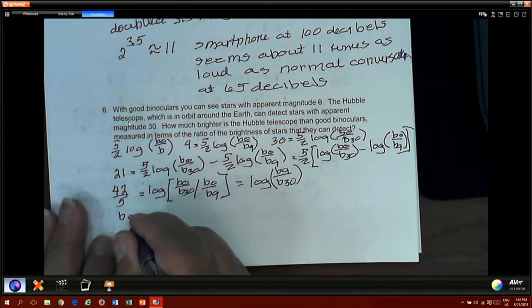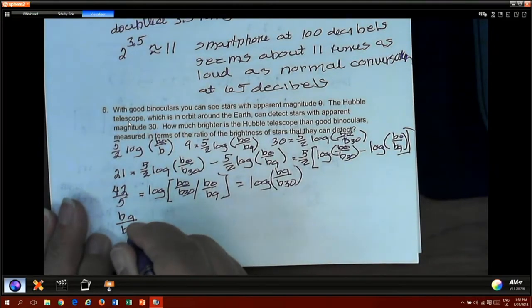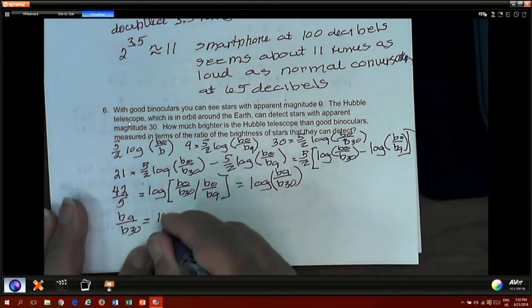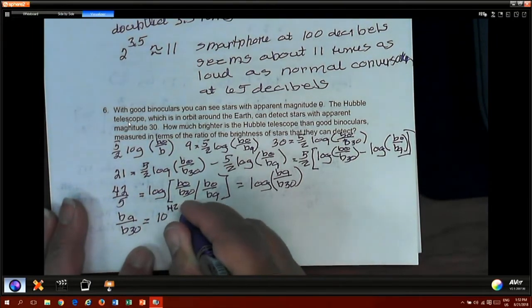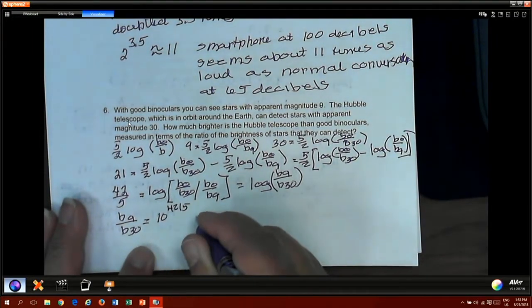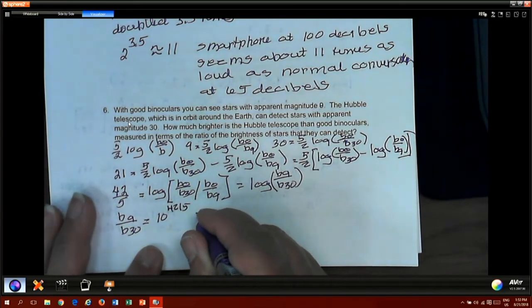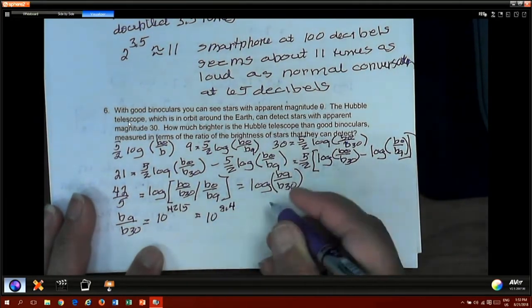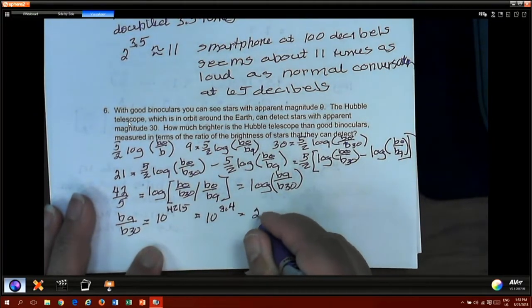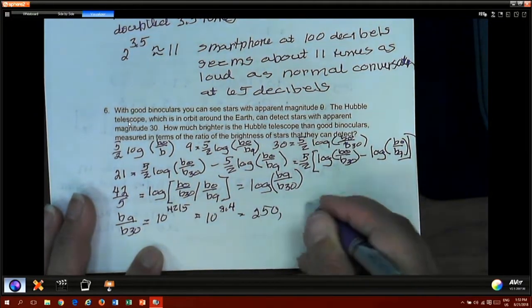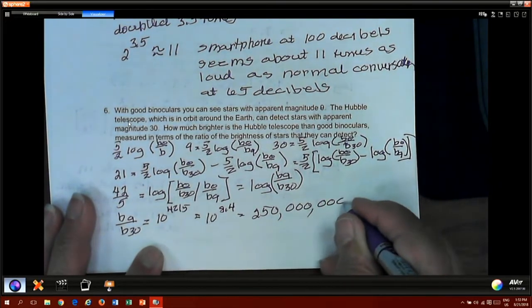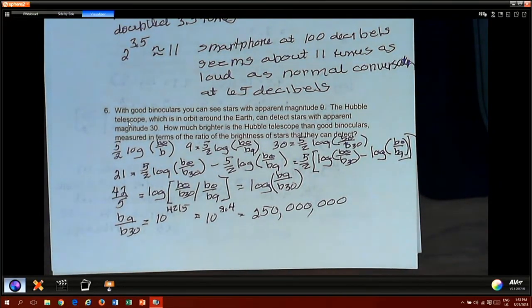So b sub 9 over b sub 30 equals 10 to the 42 over 5, which is 10 to the 8.4, which is approximately 250,000,000.